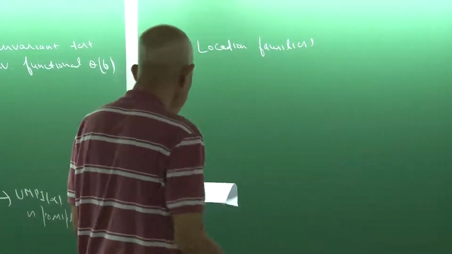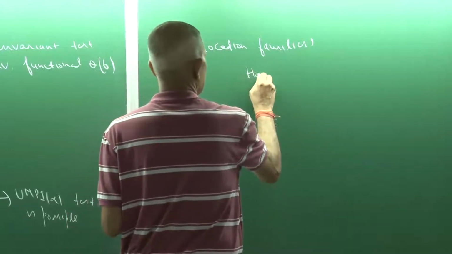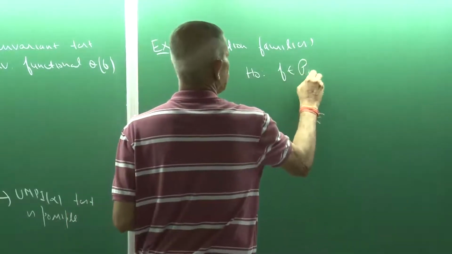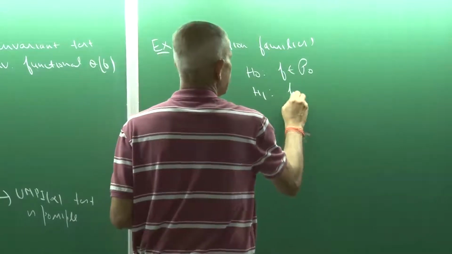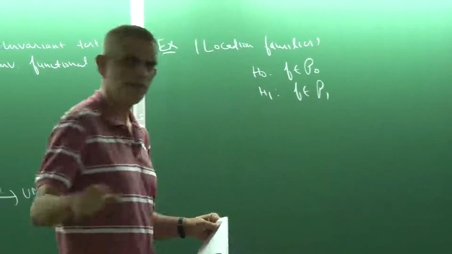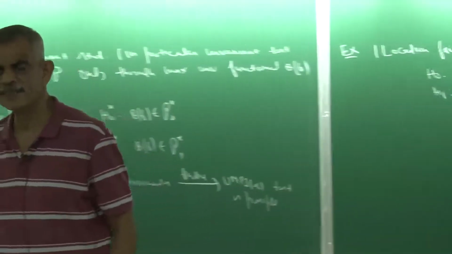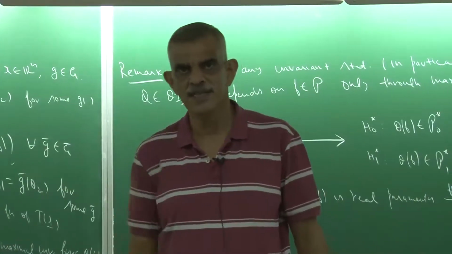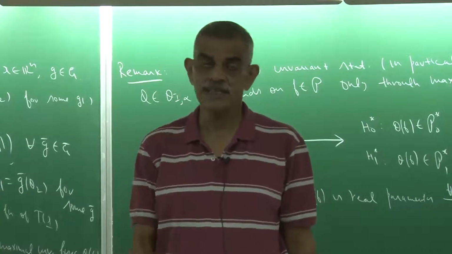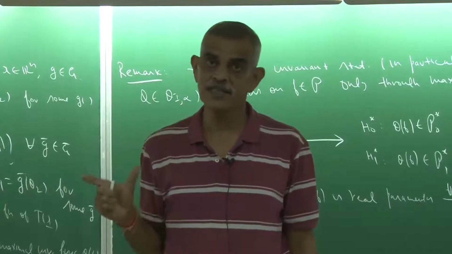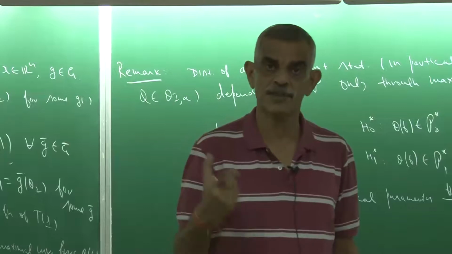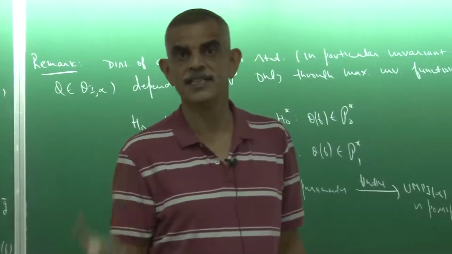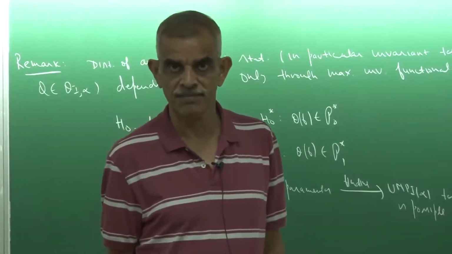So my H naught is that f belongs to P0, H1 is that f belongs to P1, where P0 and P1 are both location families, but different location families. One could be, for example, normal, the other could be Cauchy. But what I know is that those parameters are unknown. So it could be normal theta 1 for some theta, or Cauchy theta 1 for some theta.